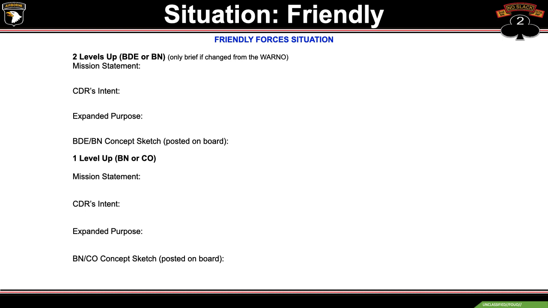And then one level up being our battalion. At times, if we're dedicated to a certain company, what's their mission statement? What are they looking at doing? What's their intent? What's the purpose? And within this, they're going to have a dedicated task, intent and purpose for fire support, such as mortars.